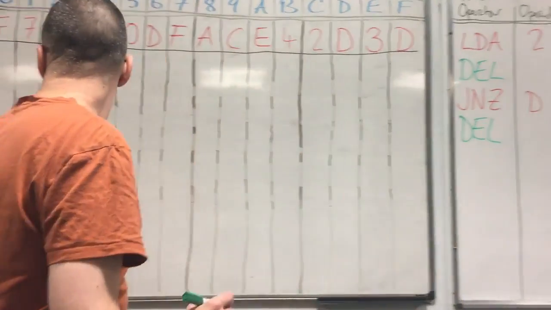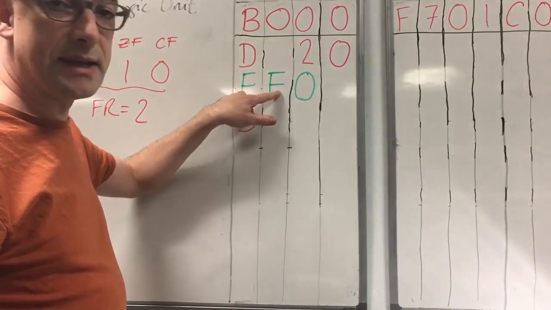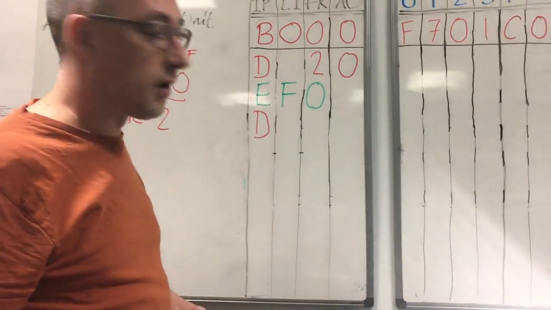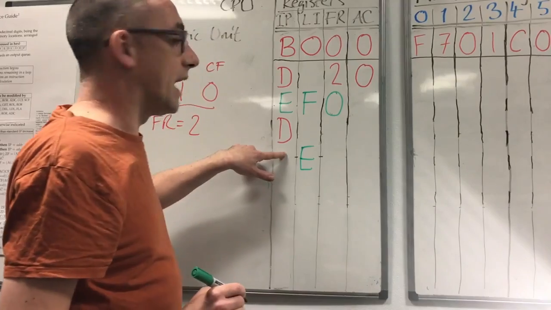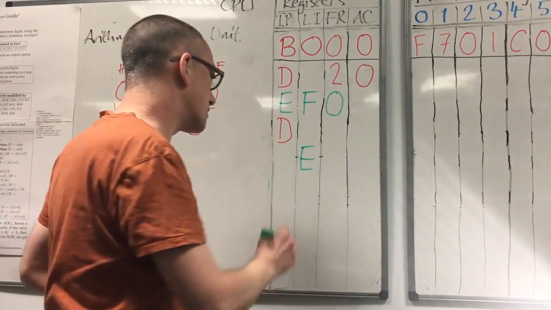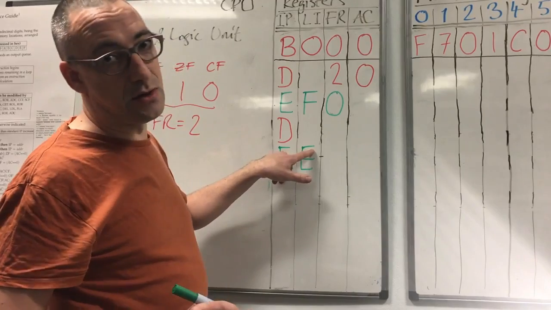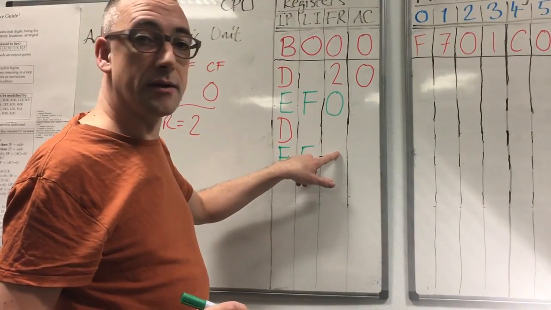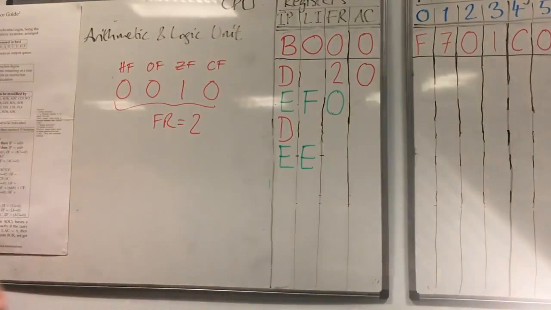Now, what does it do? Well, the loop index is currently F, so subtracting 1 from that gives us E, and again we add the size of the instruction to the instruction pointer, that's also E. Because E is not 0, the 0 flag remains clear, and we're done with this instruction.